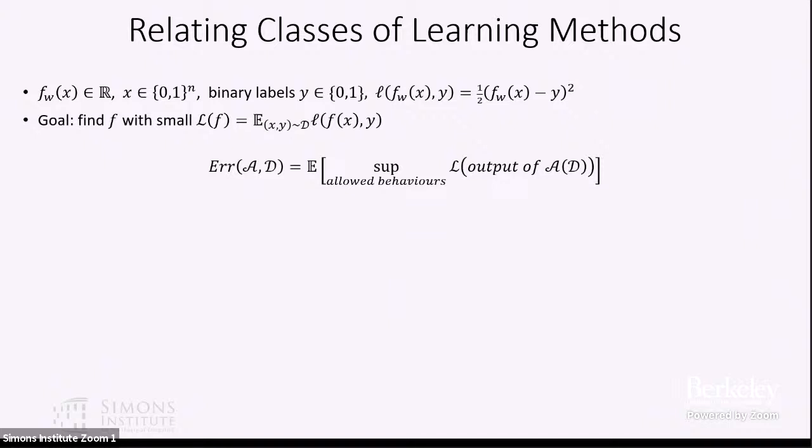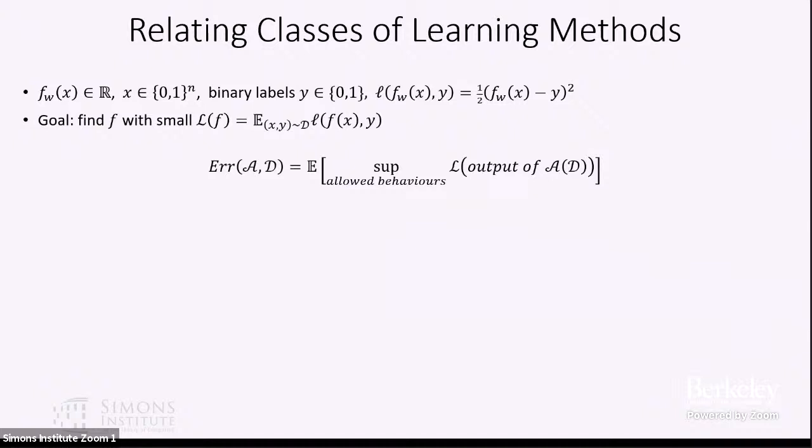So our goal in all this is to find some predictor f that has small squared loss with respect to the distribution. We're going to measure the error of an algorithm on an input distribution as the expected error that this algorithm gets for this distribution.